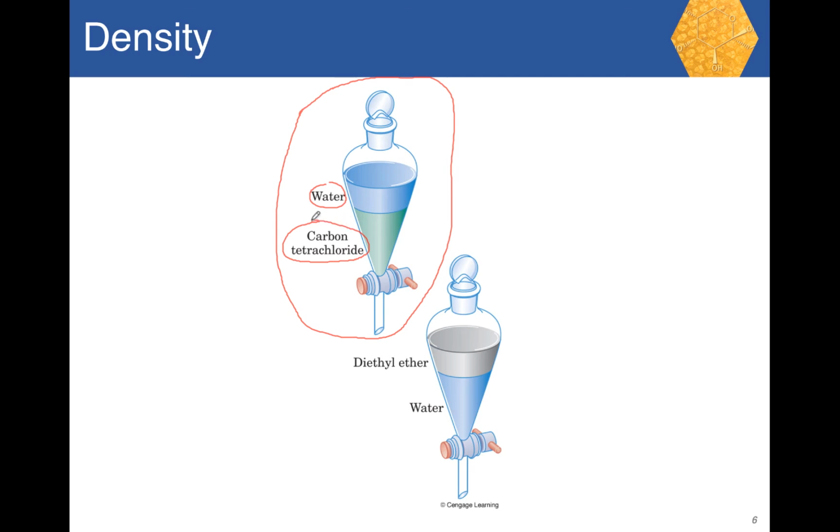Carbon tetrachloride here is an organic solvent. They are immiscible. In other words, carbon tetrachloride will not mix in water to give a nice solution. You will have 2 layers, or you will see 2 layers. 1 layer on top and 1 layer at the bottom.